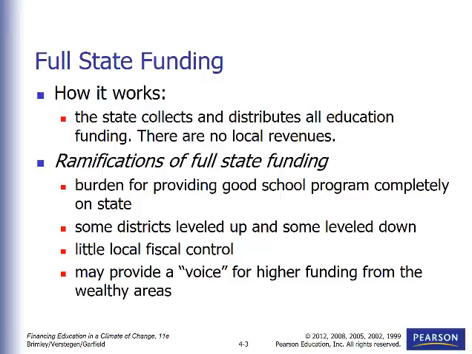Part of the equalization formula that we use is that districts have to report all the local revenues they can generate on their own, and then that's subtracted from the foundation formula that the state is going to give them. For the most part, that's an attempt to make the formula more equitable.